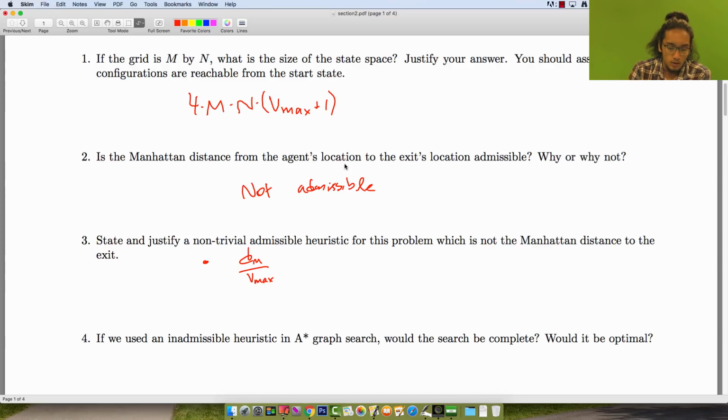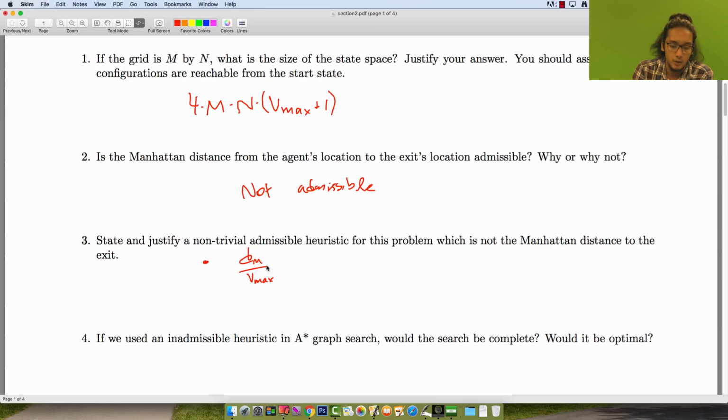This is a lower bound on the amount of time that your agent can take to reach the goal. Why? Because even if your agent is traveling as fast as possible at Vmax throughout the entire duration of the game, this is how many steps they're going to take to get to the goal, right?